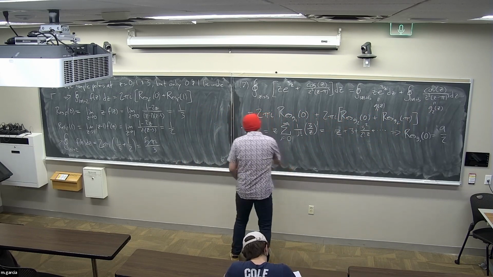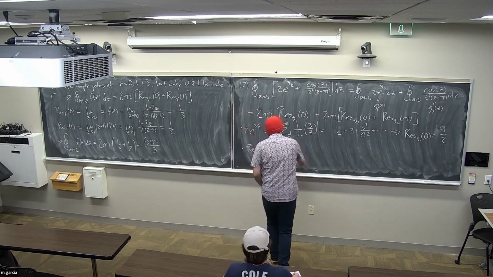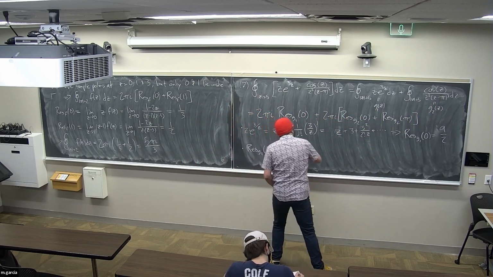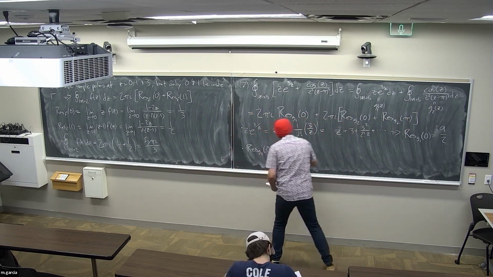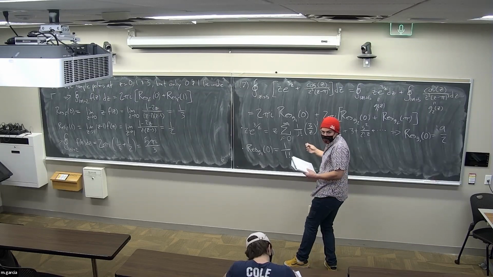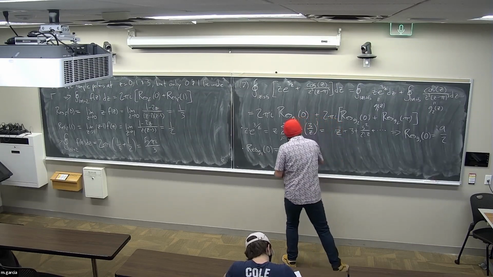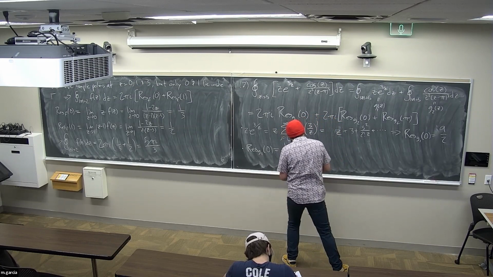Okay, so the residue of g2 at 0 is equal to 1 over 1 factorial. I'll just write it out because it's good to remember the formula, right? Times the limit as z approaches 0.